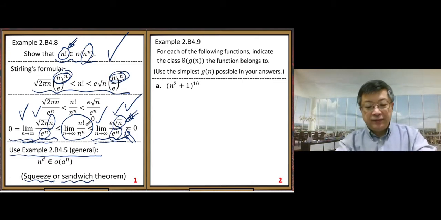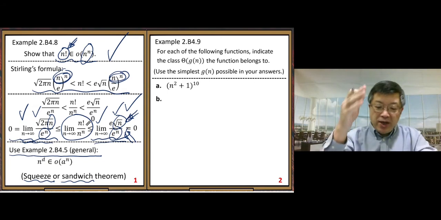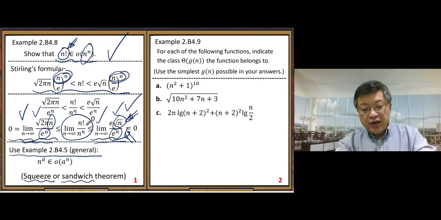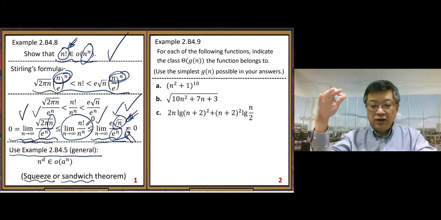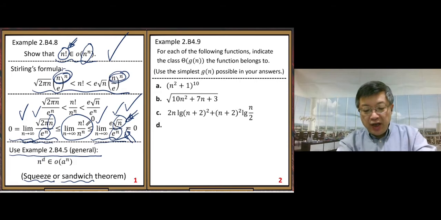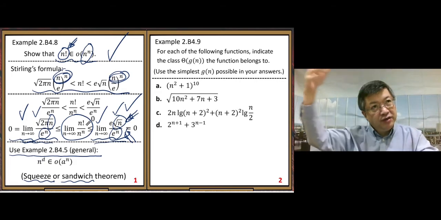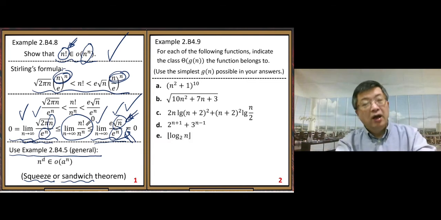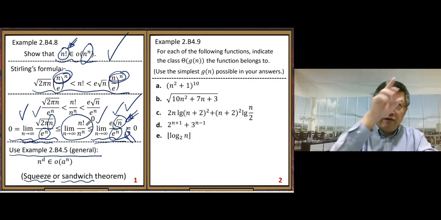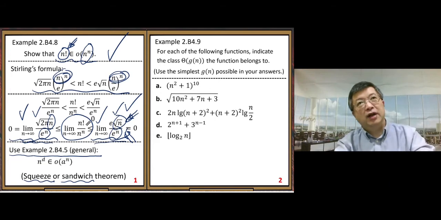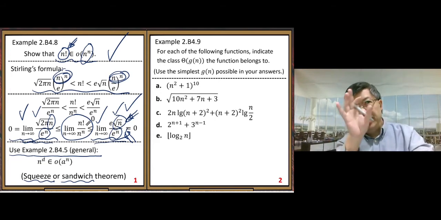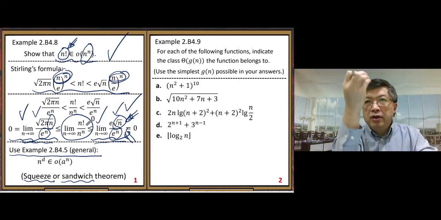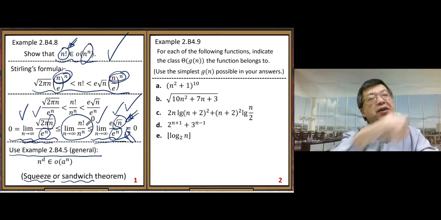So A, this function, B, this square root function, C, a long log function, D, an exponential function with 2 terms, E, floor function of log base 2 function. These 5 functions we want to represent using the simplest possible growth function g.